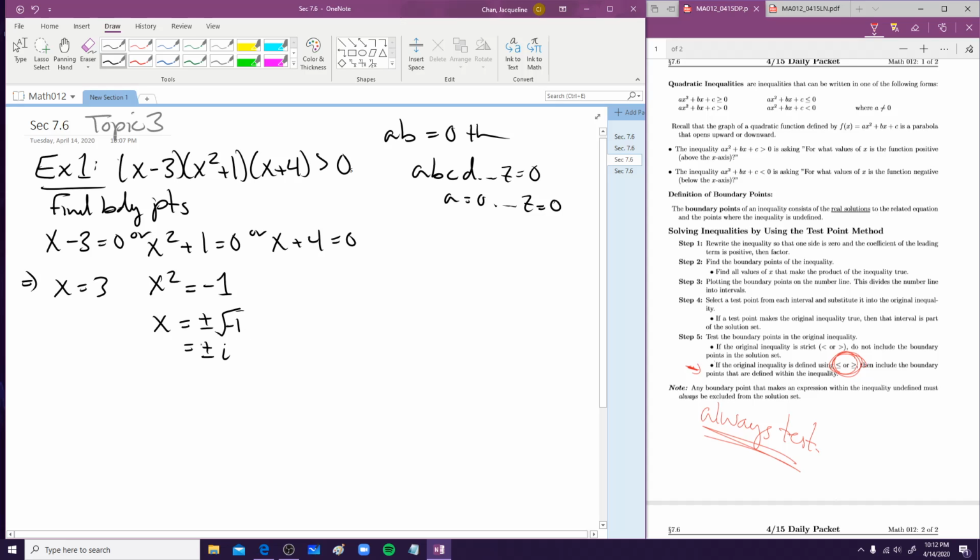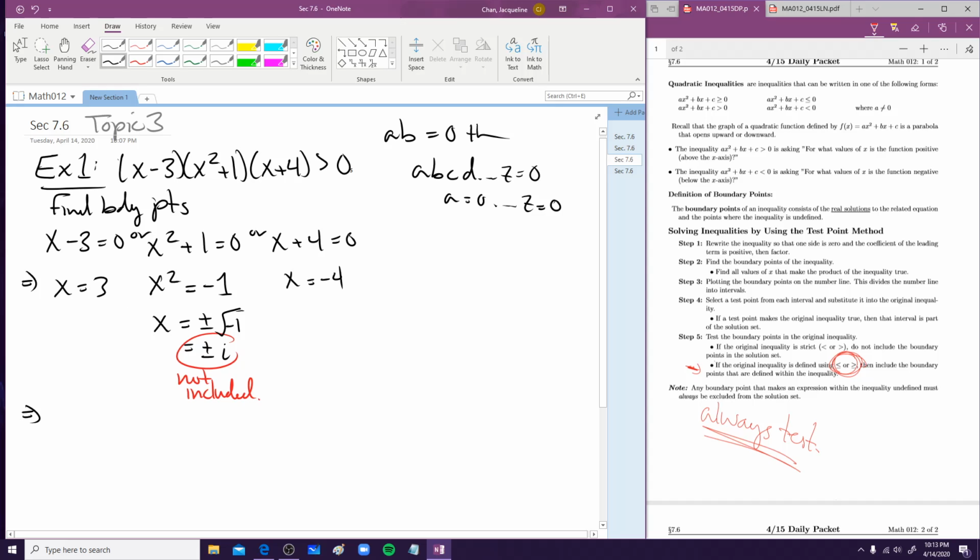Okay, i is not a real number. Okay, it's imaginary. So what does that mean? This means this is not included. Okay, why? Because we just want to look for the real solutions, right? So we don't count the middle ones. And lastly, we get x is equal to negative 4.